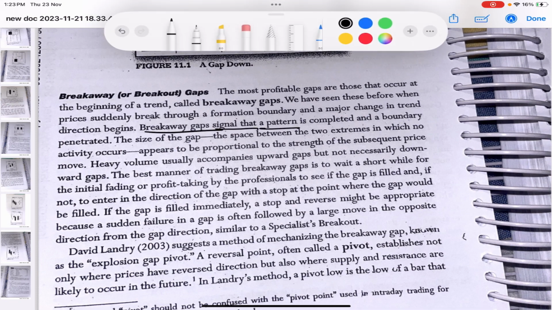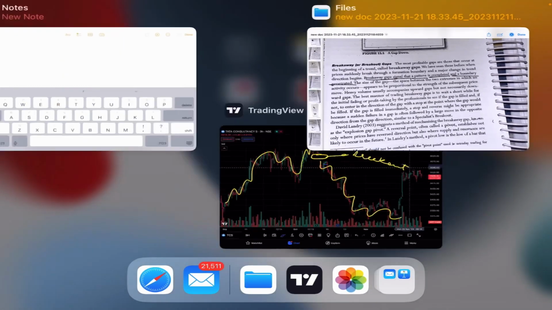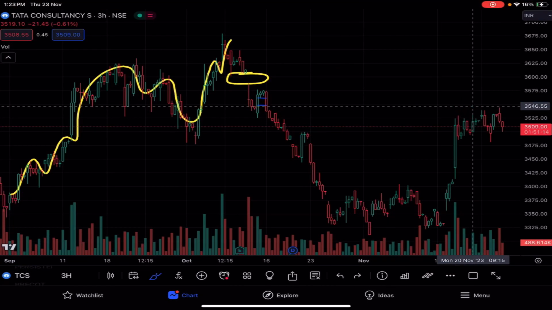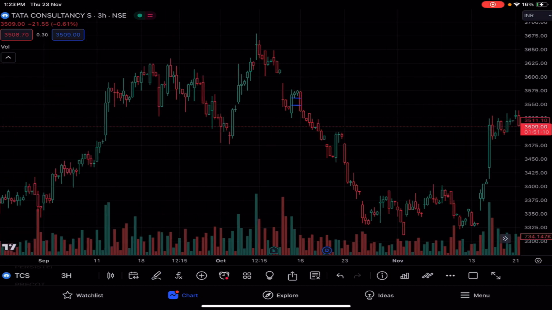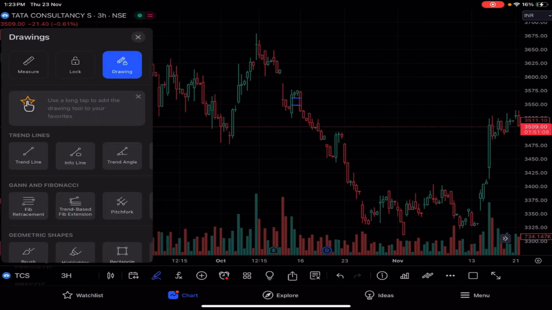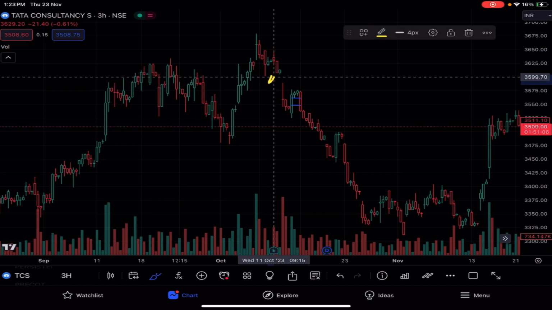Breakaway gaps signal that a pattern is completed and a boundary is penetrated. So a boundary is penetrated. The size of the gap, the space between, appears to be proportional to the strength. Obviously, we can see how strong the movement is. Now, let's see the same example actually. If you look at this, here the gap was significantly big.